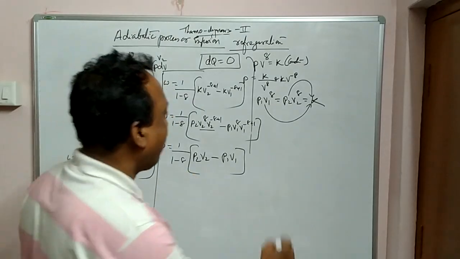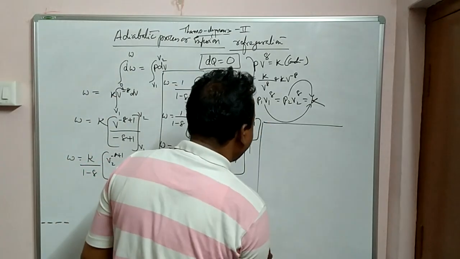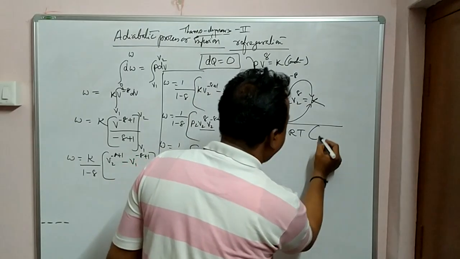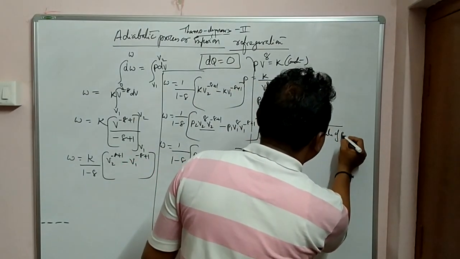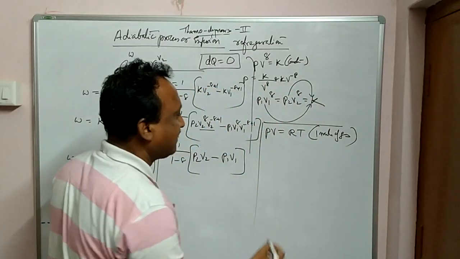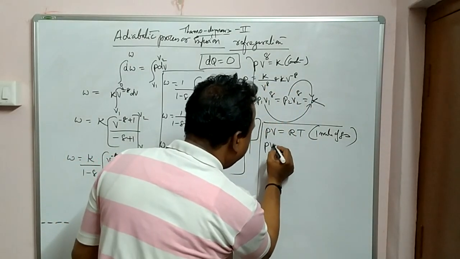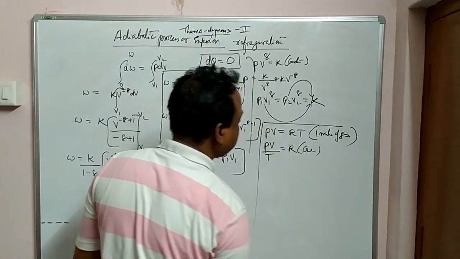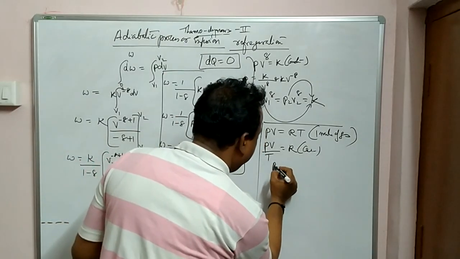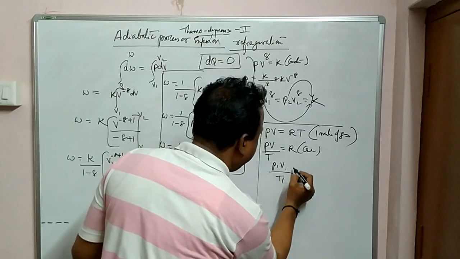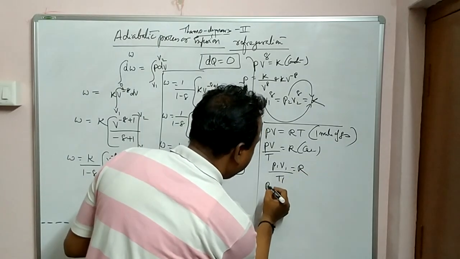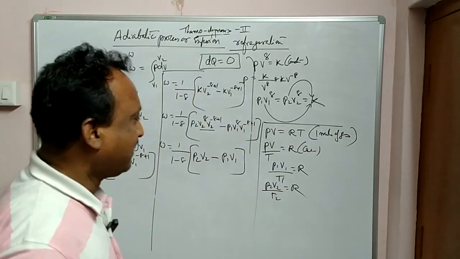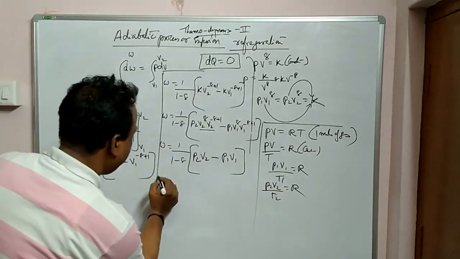And we already know for 1 mole of an ideal gas, the gas equation is PV is equal to RT, or PV by T is equal to R constant, or P1 V1 by T1 is equal to R, P2 V2 by T2 is equal to R. Clear?